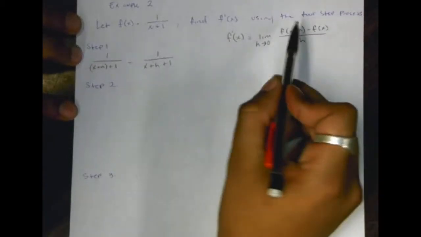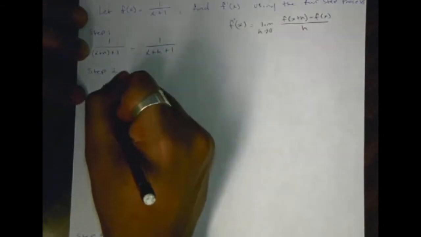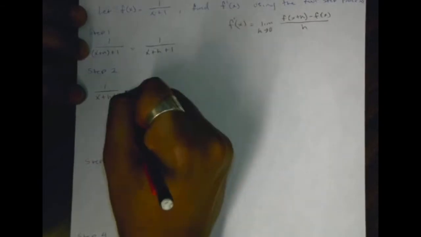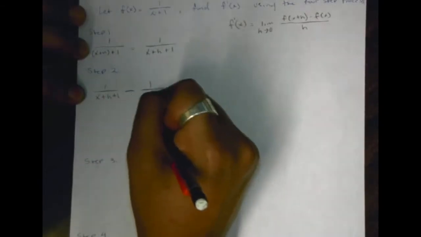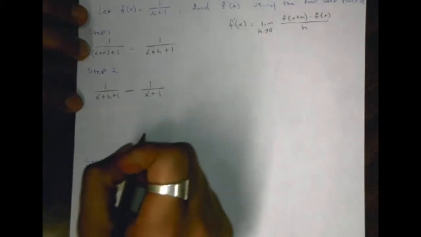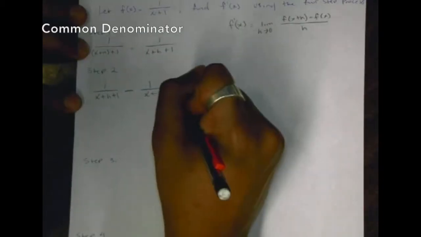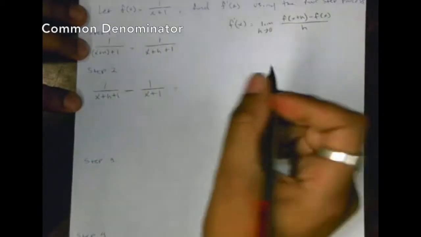Now let's compute the numerator. What that says is we're going to do 1 over x plus h plus 1 minus 1 over x plus 1. We're going to compute this by finding the greatest common denominator.